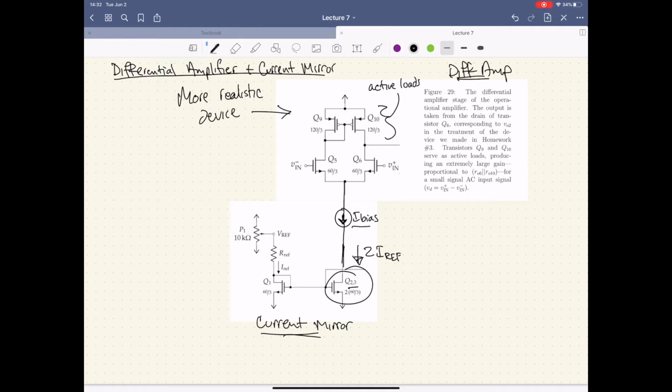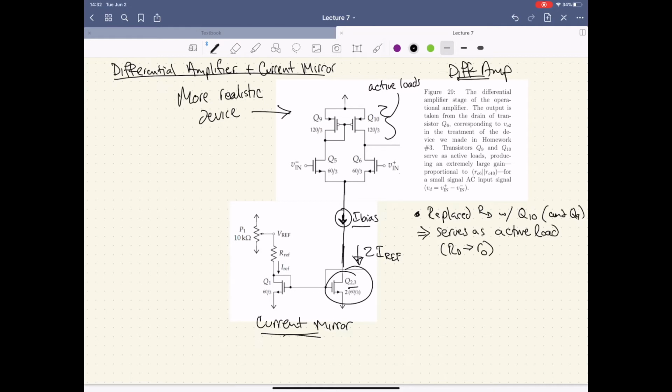Alrighty. So we've replaced RD with Q10 and Q9 actually as well. This serves as an active load. So again, just to reiterate, RD goes to R0.